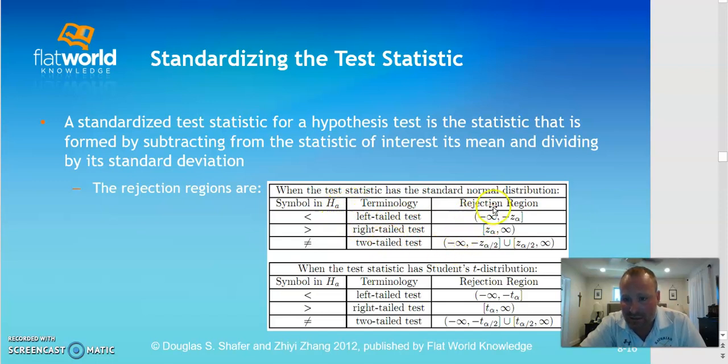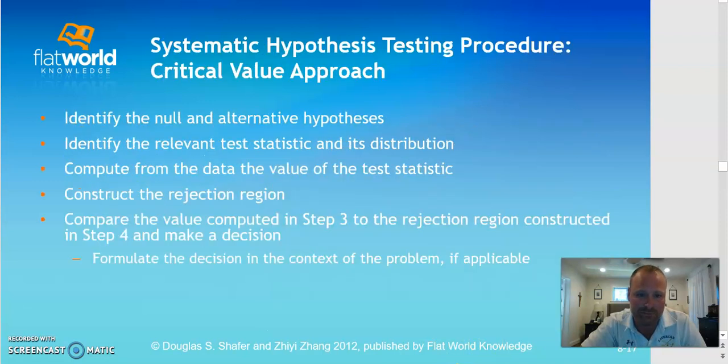This has to do with the rejection region, and then this is when it doesn't have a normal distribution, but it has a t distribution. Then this is how we would go about that. Obviously, we'd be using a standard normal table for problems like this, but in this particular case, we would be using that t distribution table.